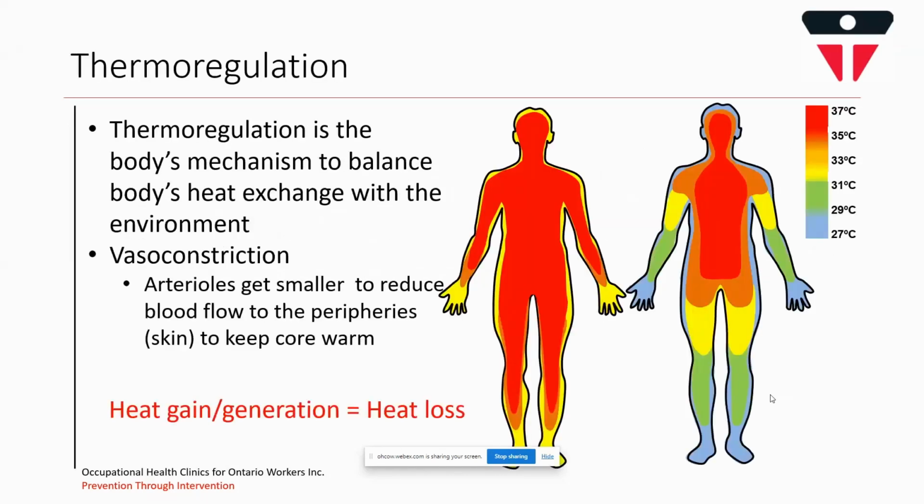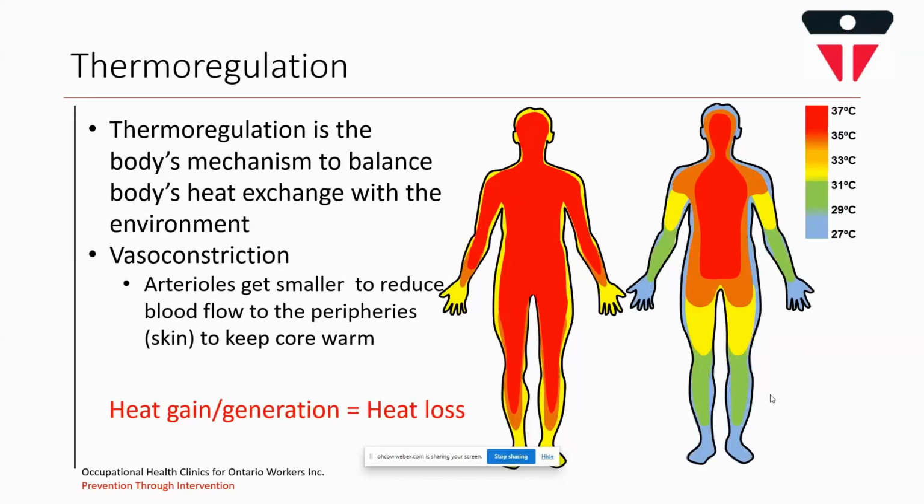So naturally, our body has a mechanism called thermoregulation, and what it does is it tries to maintain a minimum body temperature at its core around 37 degrees C, which is normal core temperature, right?